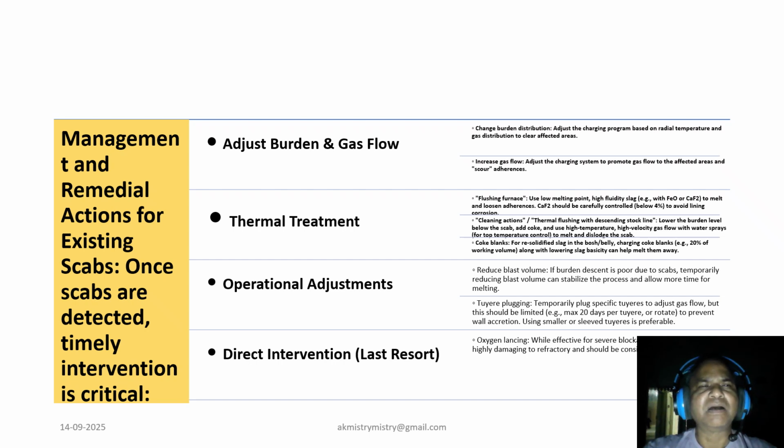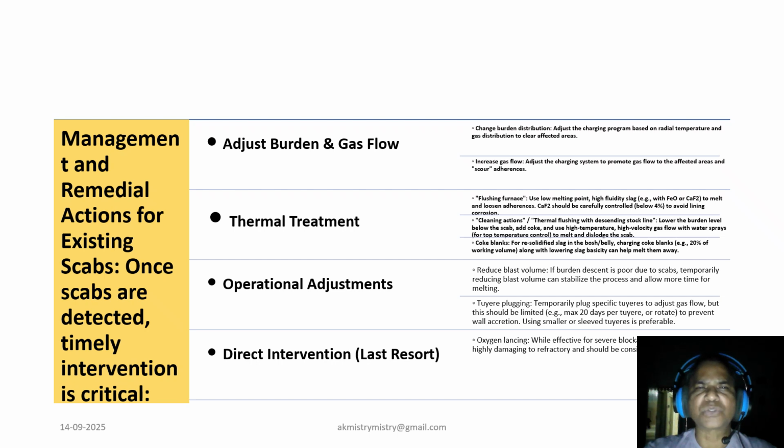Remedial action in managing this scab includes adjusting burden distribution and gas flow to the affected areas. We also employ thermal flushing technique using low melting, high fluidity slag, sometimes with an additive like FeO or CaF2 to help melt and dislodge adherences.